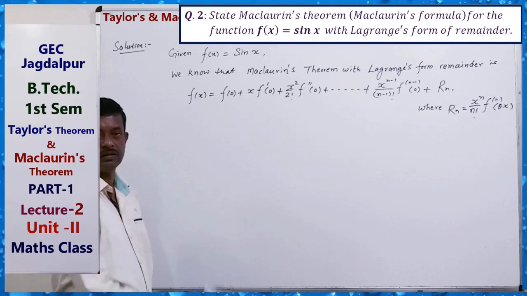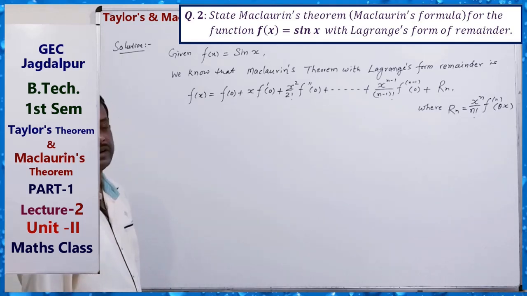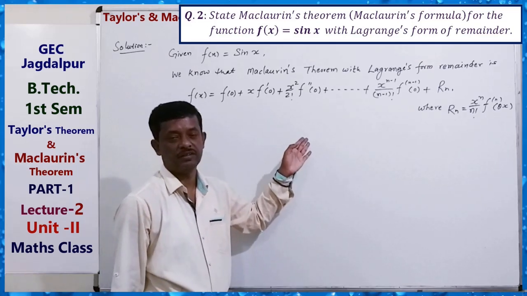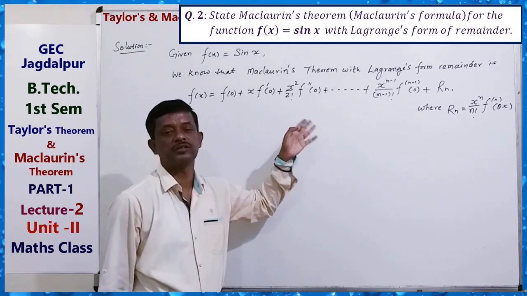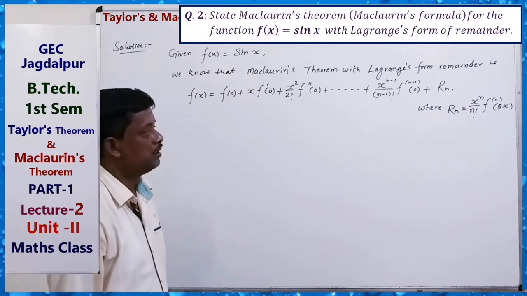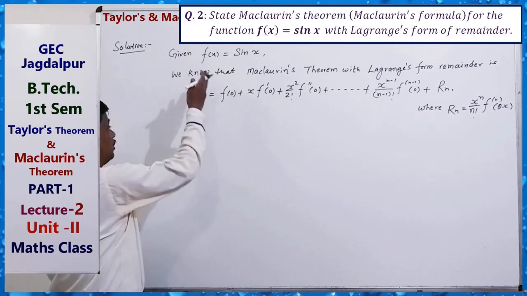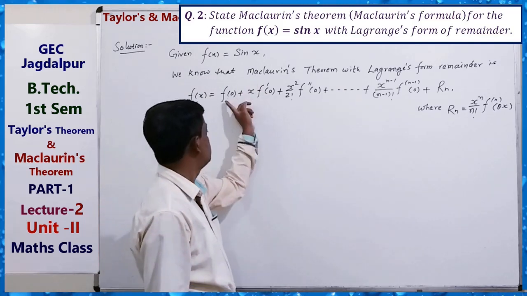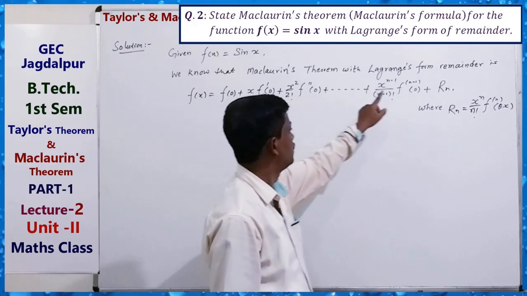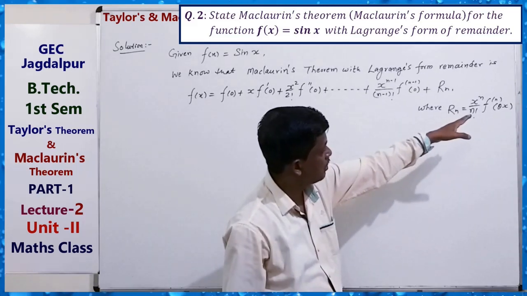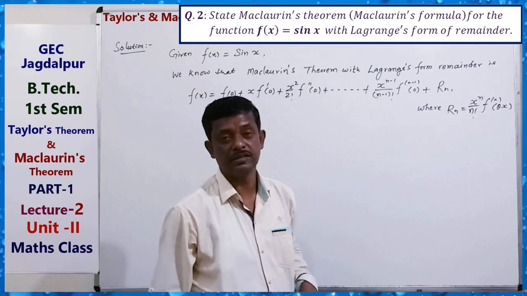This is the remainder, Lagrange's form of remainder. We have to write Maclaurin's theorem for the given function sin x. So for this, find f(0), f'(0), f''(0), f^(n-1)(0), and then finally the nth derivative.